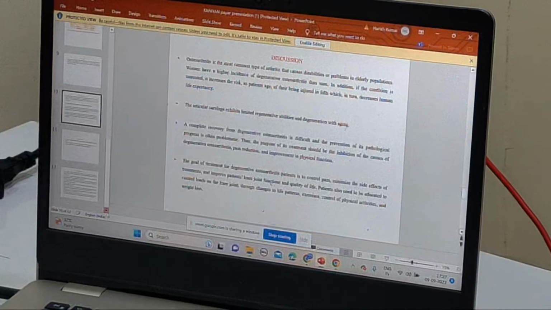In the discussion, the alternative problem is the conflict. The goal in degenerative conditions is to control the pain, minimize the side effects of medication, and restore function.